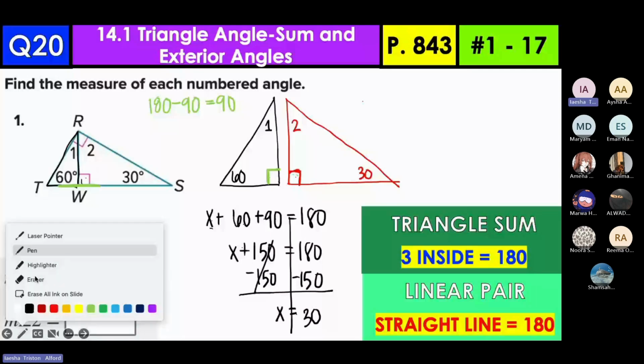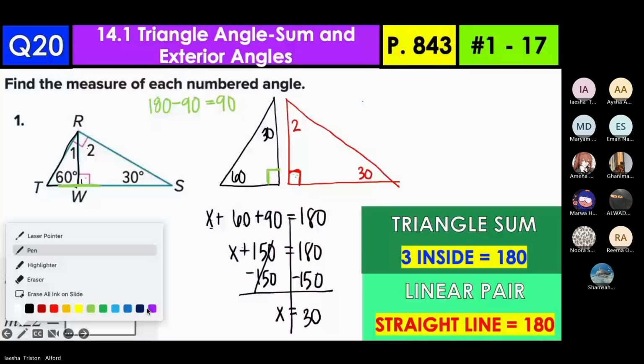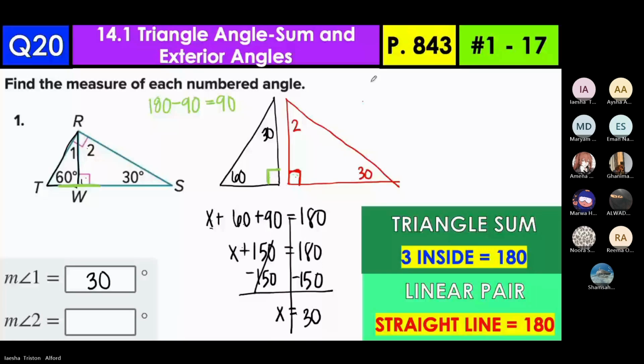Let me change it. So good question. You could change the 1 to what number now? X, we just solved it. Should be 30. Fine. Now you know that 1 and 2 make how much? 90. So how could you get 2? 90 subtract 30. So, let me write the equation for that.